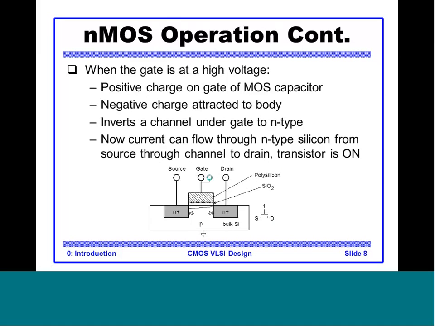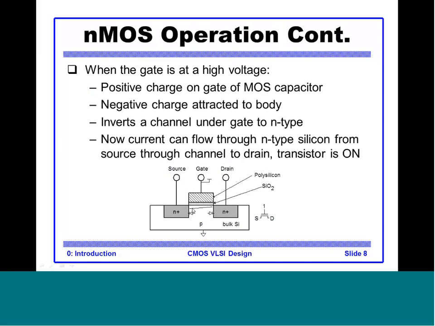Now, when we start increasing the voltage on the gate, the electrons in this P region are attracted. The negative charge is attracted to the body. So a channel of electrons gets formed between the 2 n+ regions because of the high voltage at the gate.